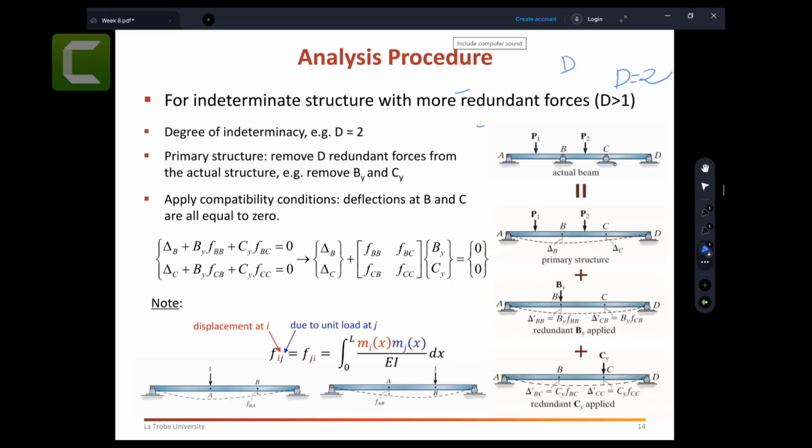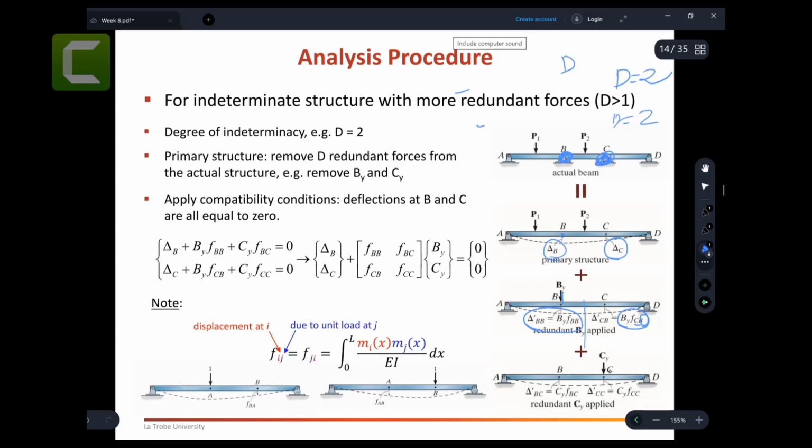So for example, you have degree of indeterminacy 2 here. So you can remove this and you can remove this, 2. Then you have a displacement here, displacement here. You can find this displacement first. Then you put By where you removed that one, and you can find By FBB dash and By FCC dash. Look at this flexibility coefficient, deflection at C due to the load at B. You can see that.